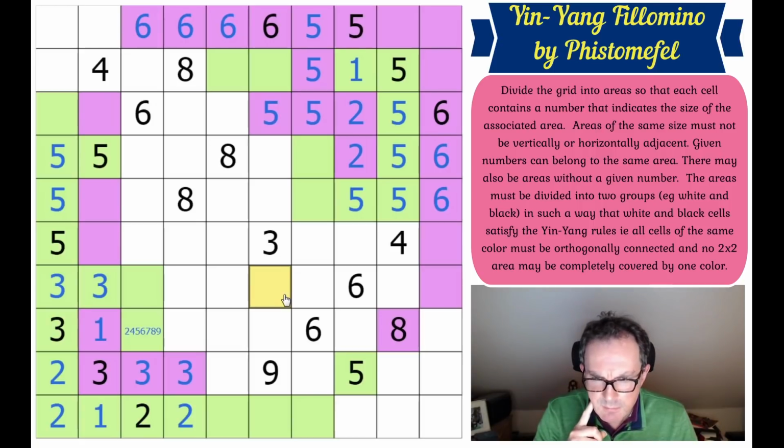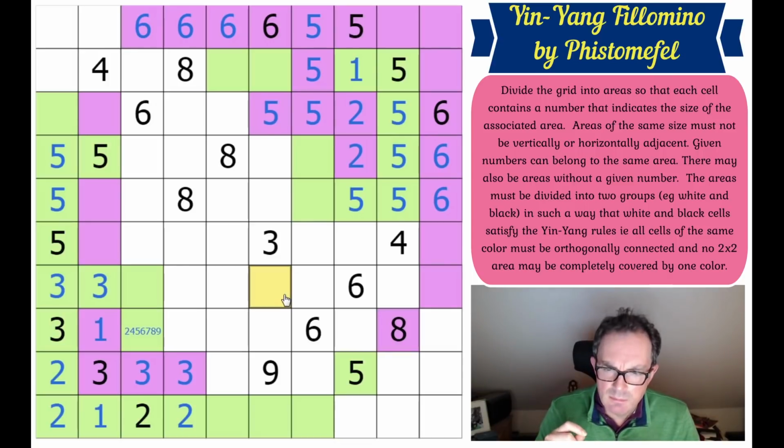Okay. I have a feeling that this 4 here has to take this square. Because if it doesn't take this square, it has to be purple.